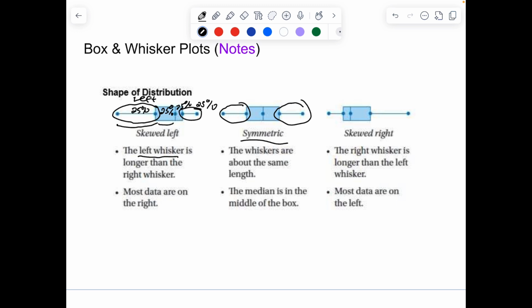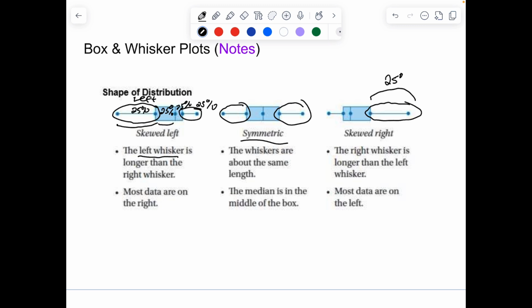And then if we have our right whisker larger than the left one, we say that's skewed right. Most data are on the left, which means we have a larger range of data on our right whisker.